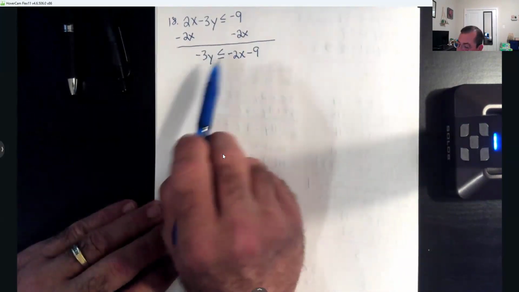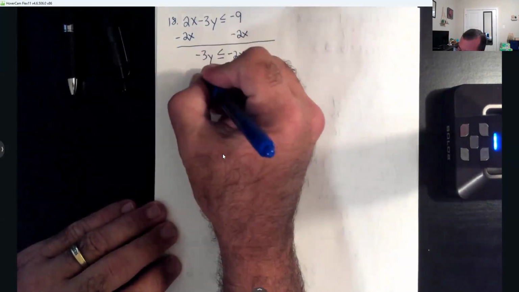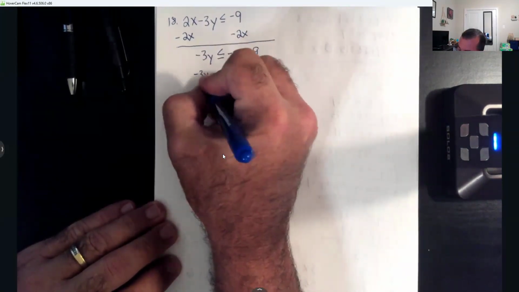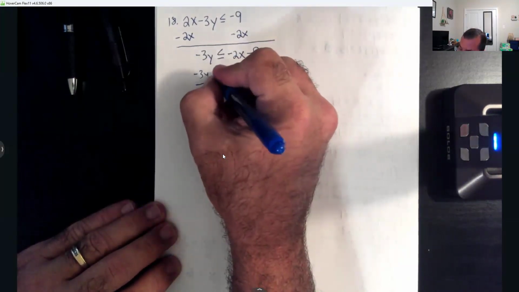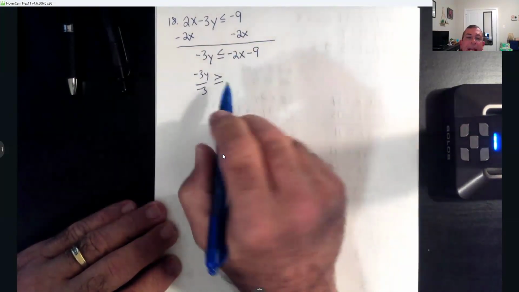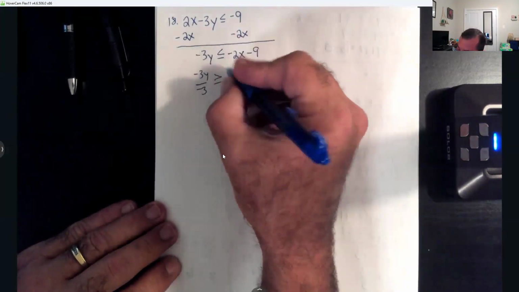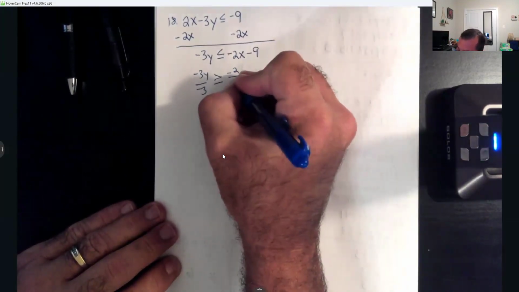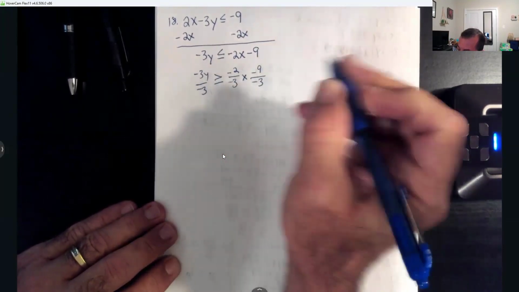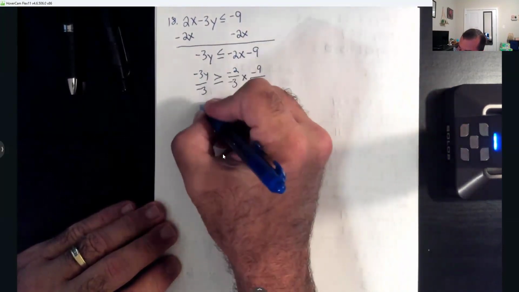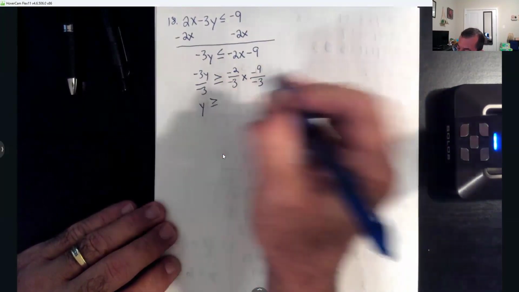But remember, this is an inequality. So when we divide by -3, we need to reverse the inequality so that it is now greater than or equal.